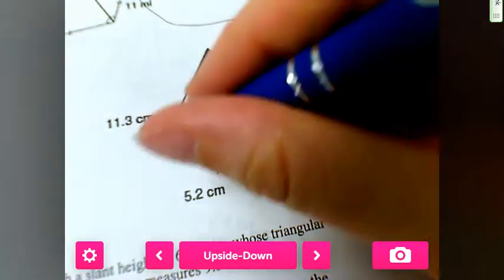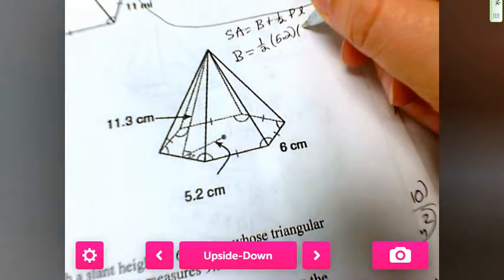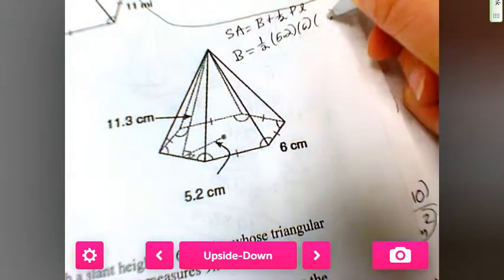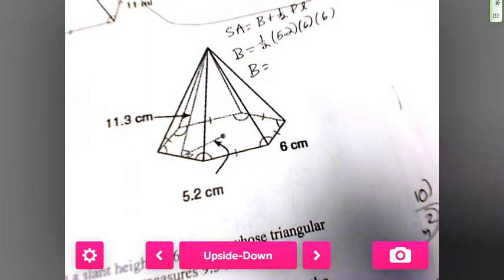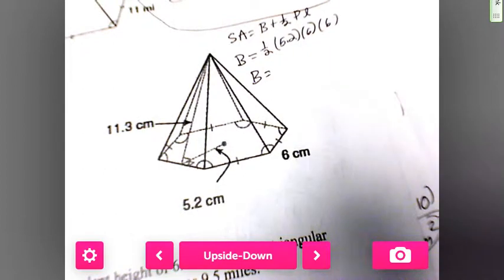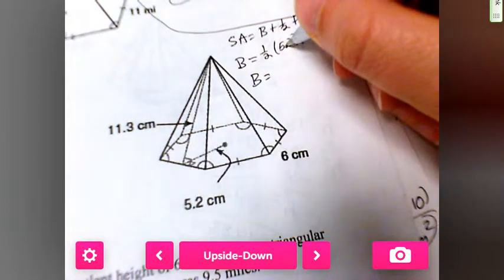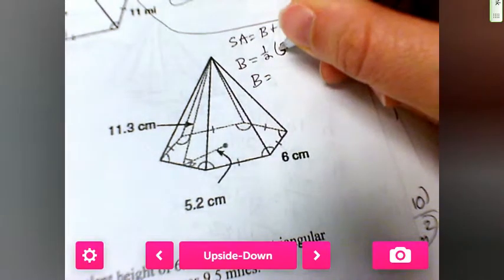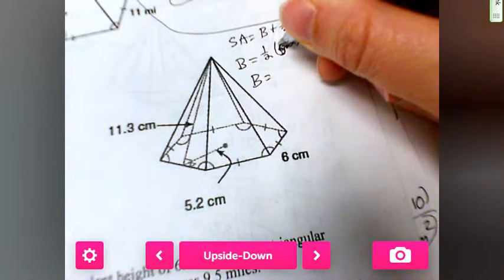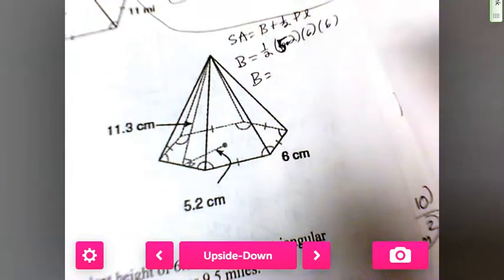Times the number of sides, there's 6, times the length of the side, 6. So the area of my base is, what did we find? 1/2, 5.2, times 6 times 6. That's a 5, by the way. $93.6, good.